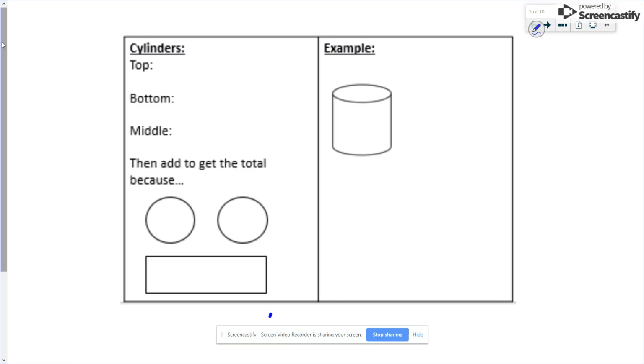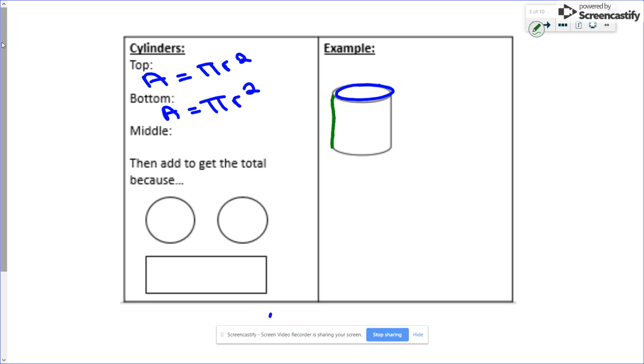When we're looking at our cylinder, the base, or the top and the bottom, are both circles. So to find the surface area, we need to find the area of the circle. Area is pi r squared, for both the top and the bottom.